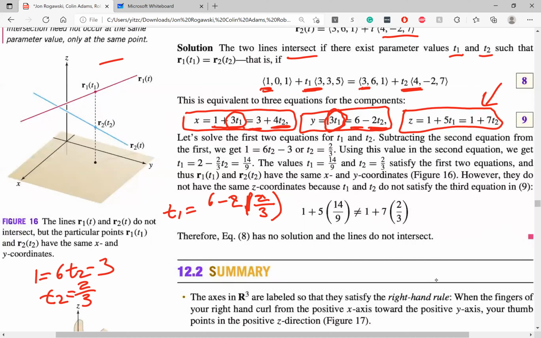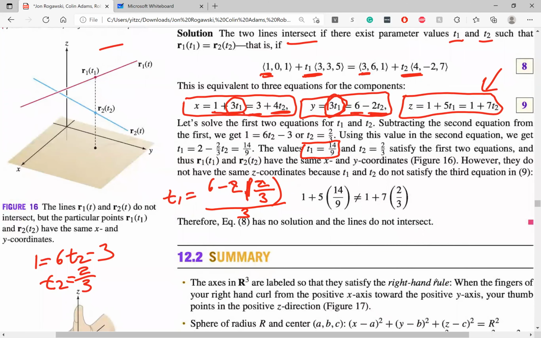So that's where you plug in your T2. And you divide all this by 3. And they tell us that that is going to give us 14 over 9. So we found our T1.